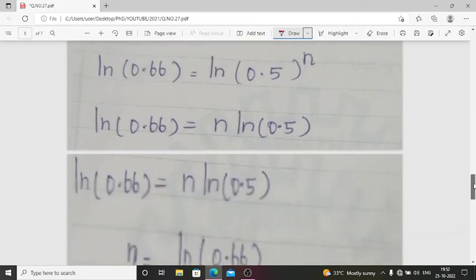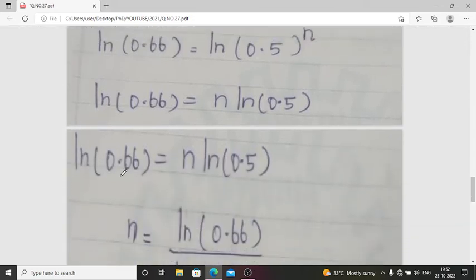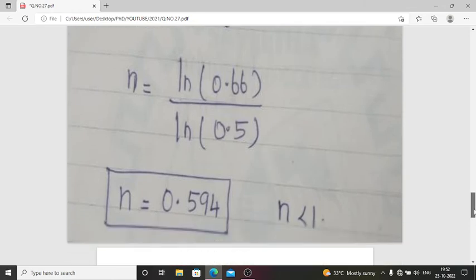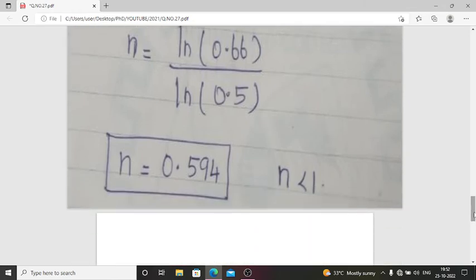Then n is equal to ln of 0.66 divided by ln of 0.5. Rearrange this expression to find the n value. So the n value is 0.594.